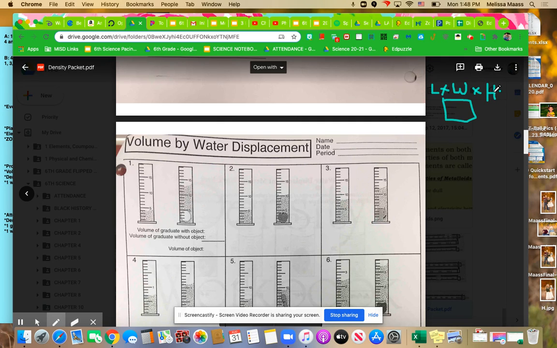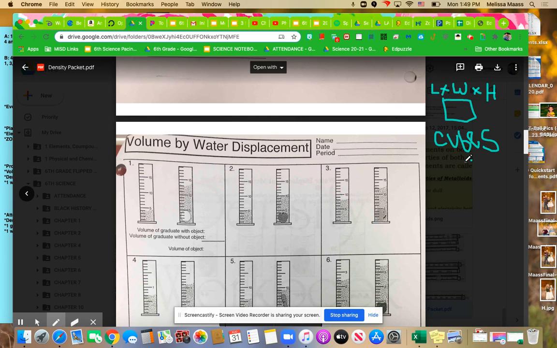That is volume of a solid, a regular object, such as a square or a rectangle. It could even be something known as a cube. You've seen cubes. I know a lot of the kids last year loved Rubik's Cubes, and that is what's known as a cube. It's going to be perfect on every side. So every side will be the same length, the same width, the same height, and you multiply those three together and you get an answer.